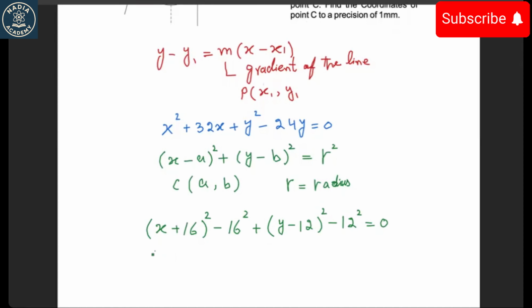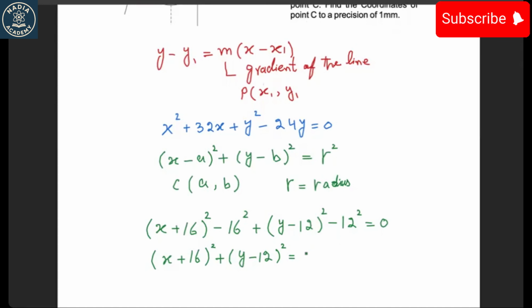Now we can see that our equation is turning into the general form of the circle. So (x plus 16) squared plus (y minus 12) squared, and we have here 16 squared and 12 squared that are negative.